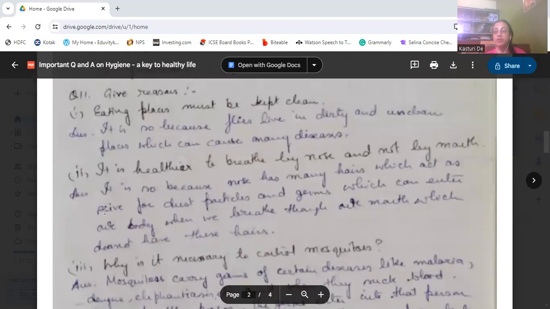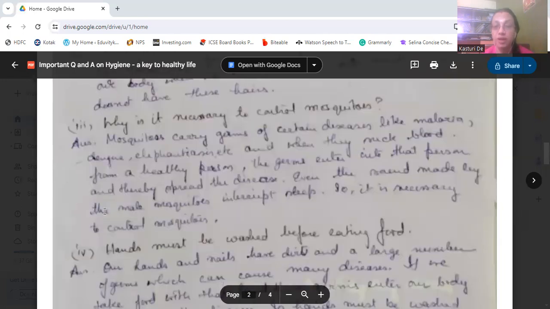They will not be trapped inside the mouth. But if we breathe through the nose, then they can be trapped inside the hairs of the nose. So that's why it is advised to breathe through the nose and not through the mouth.